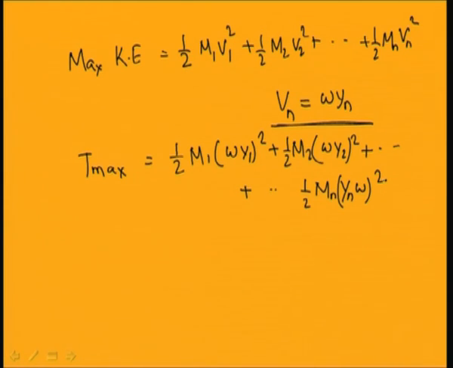By equating the maximum kinetic energy with the maximum potential energy, you can find the expression for omega n.